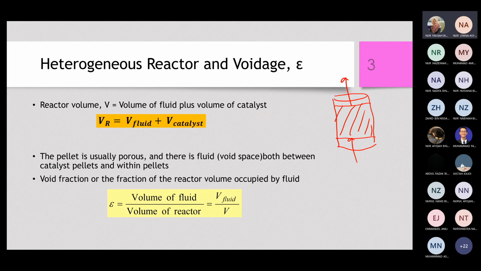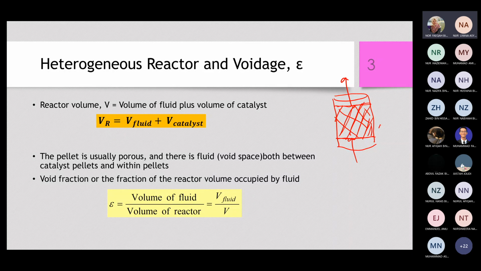So you need to know what is the volume of this bed of catalyst and also the volume of a reaction mixture. So volume of catalyst, here lah, this one lah, yang ni. So this is the catalyst that you use. So you should know what is the volume. Barulah you boleh calculate the volume of reactor, VR.